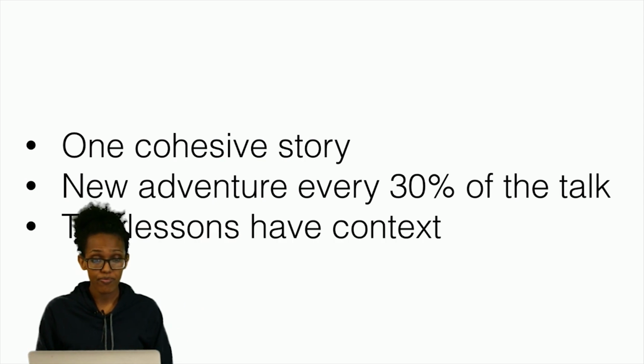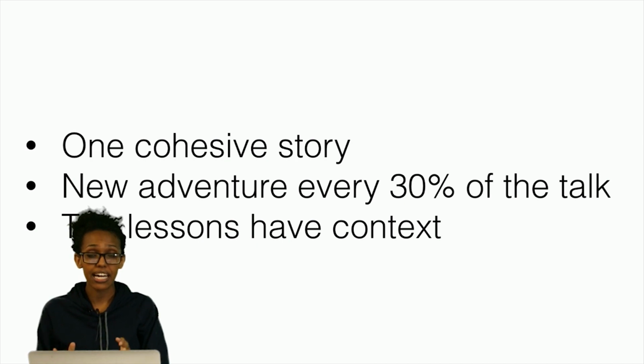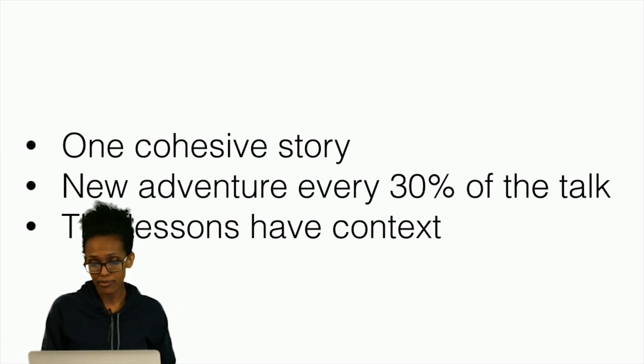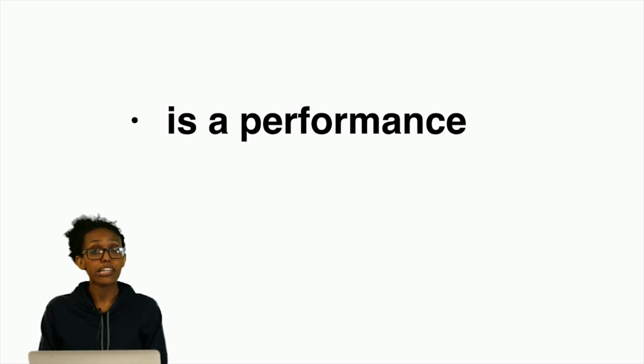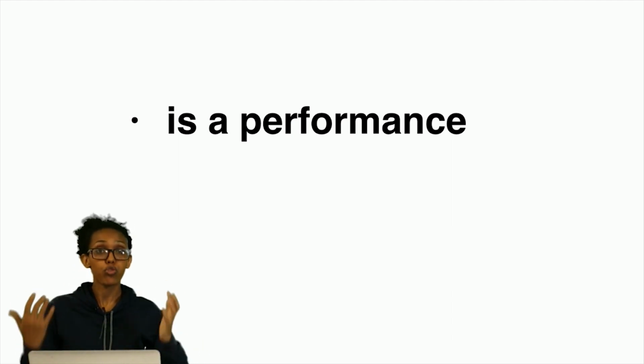And the third thing is that all of these lessons, instead of stacking them at the end, when you interweave them throughout your whole talk, you have context for that. So this goes back to one of the things that we talked about at the very beginning of this video, which is that your talk is a performance. When you position things as a story, you're optimizing for that performance feel.